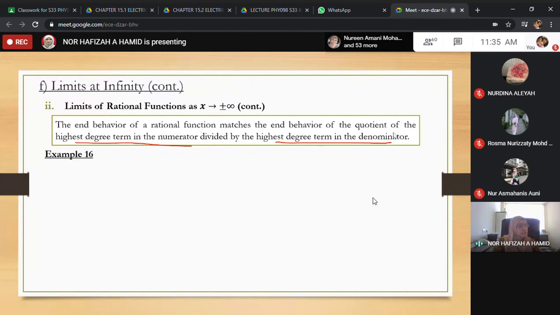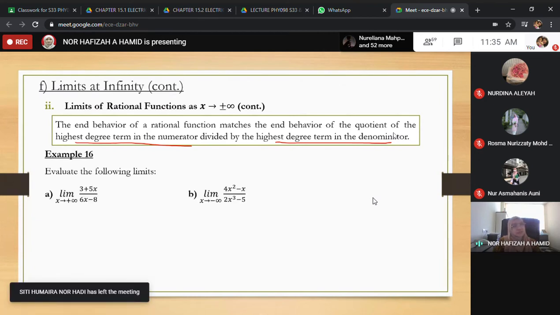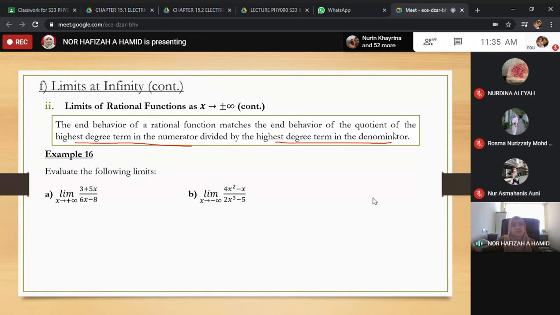So example 16, saya nak tunjuk yang B je. So yang A tu you boleh refer recorded video. Okay, so yang B, when x approach to negative infinity, so yang ni in terms of fraction, so you choose yang highest degree term for numerator and for denominator.